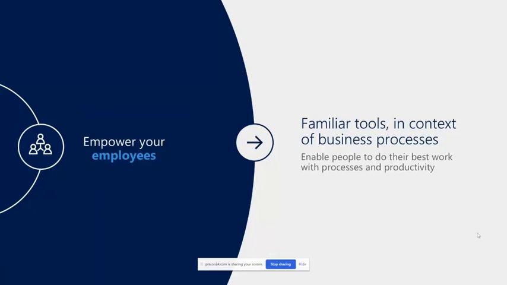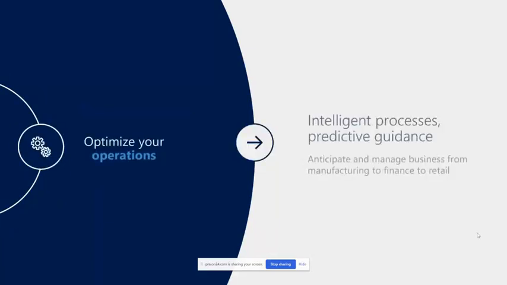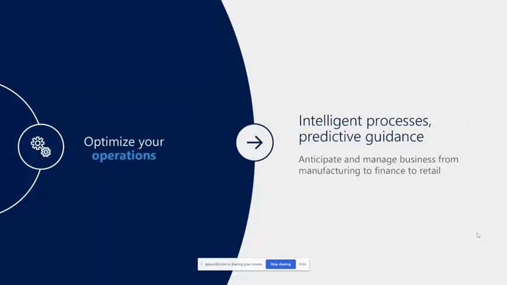All right. So how will the employee start interacting with the customers? It is when we optimize our operations. Optimizing operations is basically defining your standard operating procedures and your business processes and workflows.